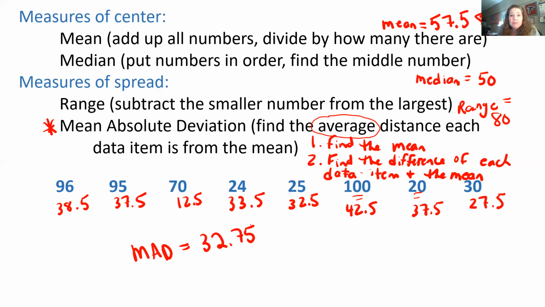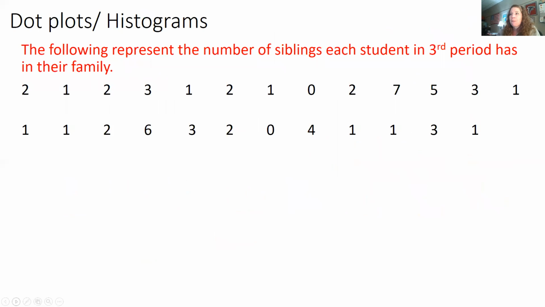If we found their mean absolute deviation, that number would be much smaller than 32.75. So the larger the mean absolute deviation is, the more varied the data is. And that's what that means. Seems like a lot, seems very complicated, but that's what it means. It talks about the spread of the data.